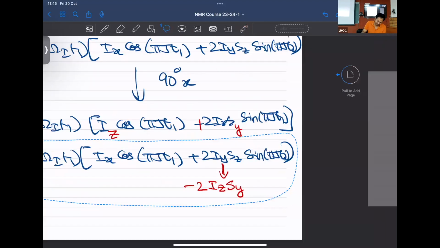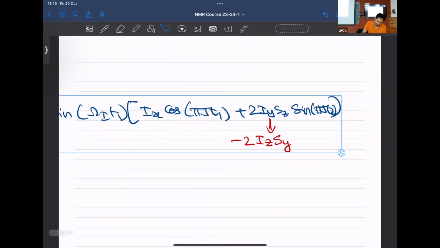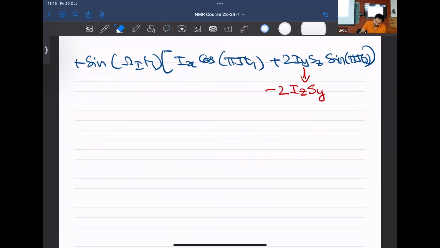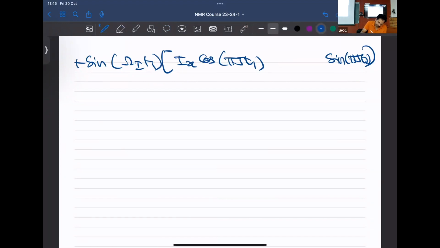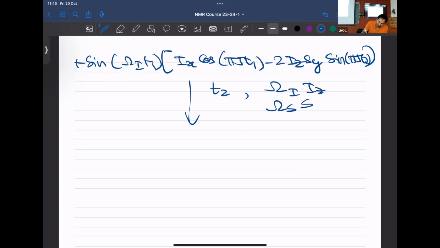The COSY experiment. 2 Iz Sy. This is what you had, right? Now T2 evolution on omega I Iz, and now I have to also invoke omega S Sz because the S component is there.